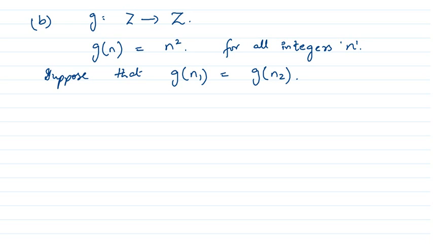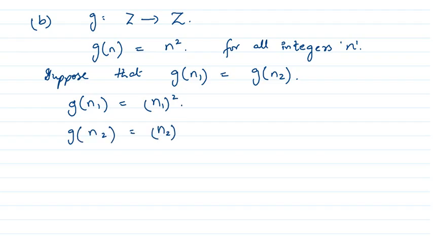Similarly, g of n2 is going to be n2 square. If I equate them, n1 square is equal to n2 square, and upon taking the square root on both sides, I have plus minus n1 here, plus minus n2 here.